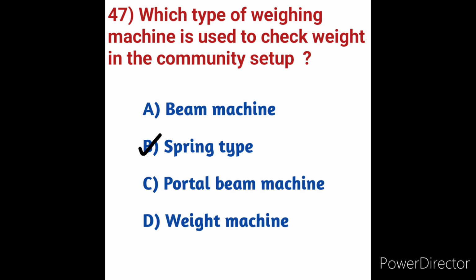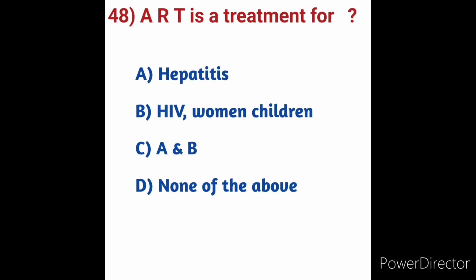Next we will move on to question number 48. ART is a treatment for. Related to ART, we already discussed in this part 2 video, beginning with question number 26. ART means antiretroviral drugs.